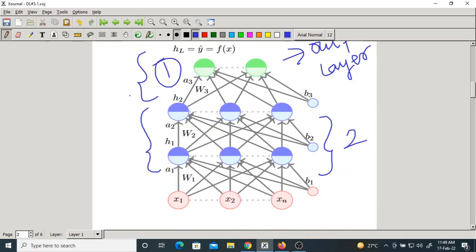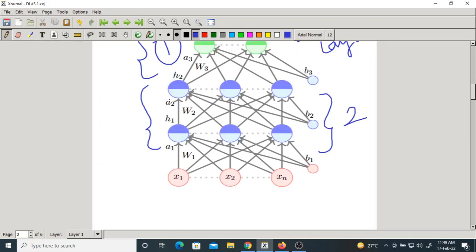What are they? Pre-activation and activation. Observe this neuron. The pre-activation is a1 and the activation is h1.